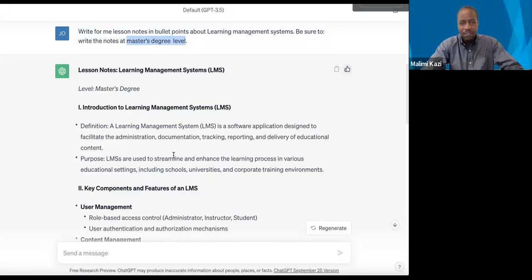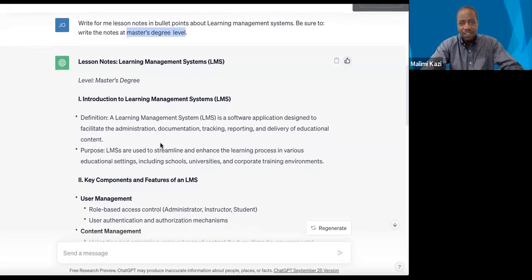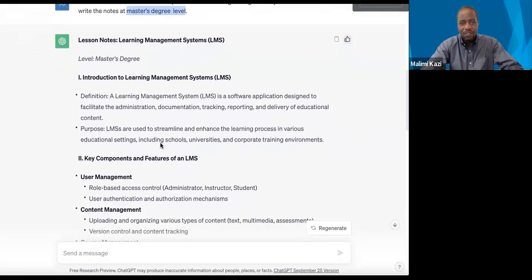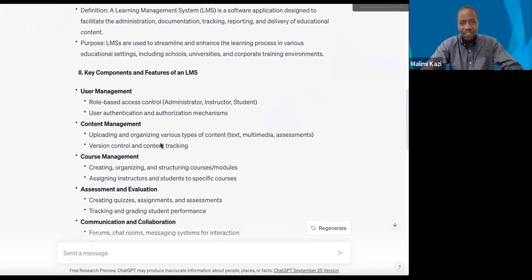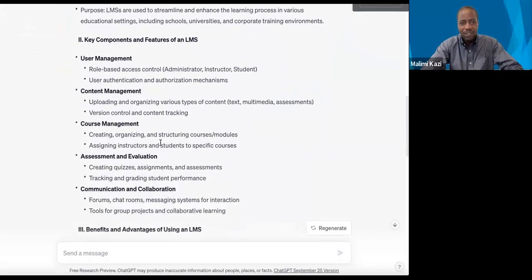And it produced really good notes, I think, which includes the definition of learning management systems. It also includes the purpose of learning management system. And it continues providing key components and features of a learning management system.